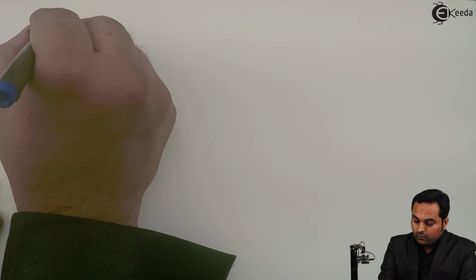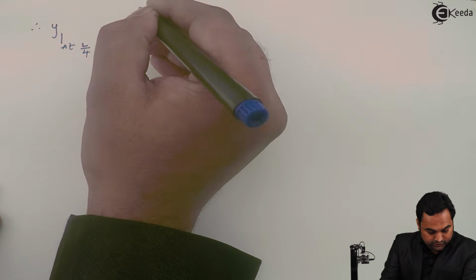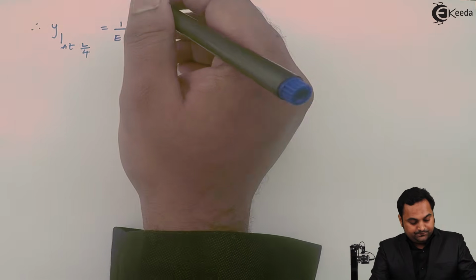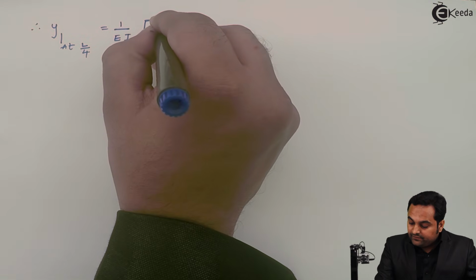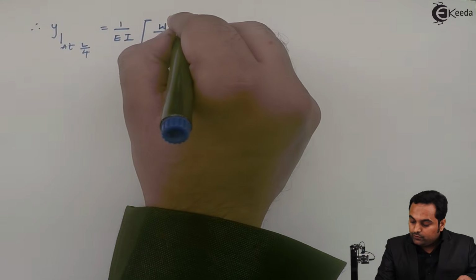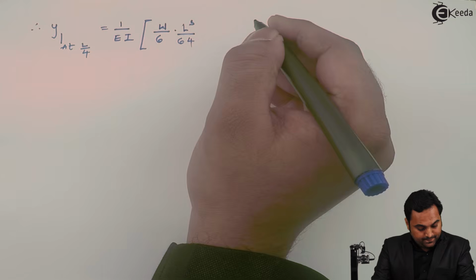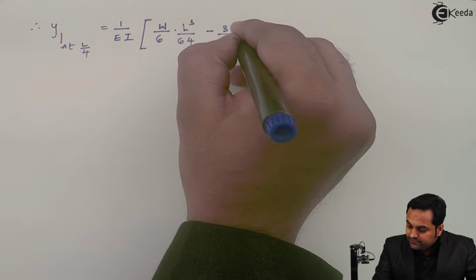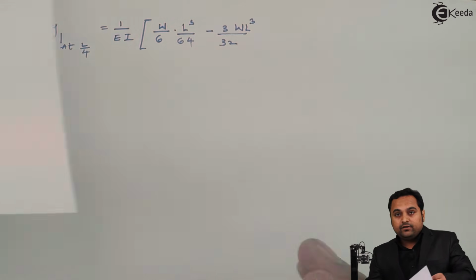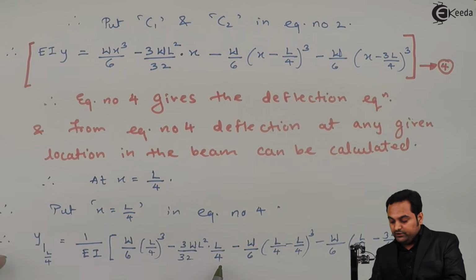So therefore y, that is at L/4, is equal to 1 upon EI, which will remain as it is. Then we have W by 6 into, here we have L cube by 4 cube, so L cube divided by 4 cube, that comes out to be 64, minus 3 by 32 W L cube, so 32 into 4 gives us 128.